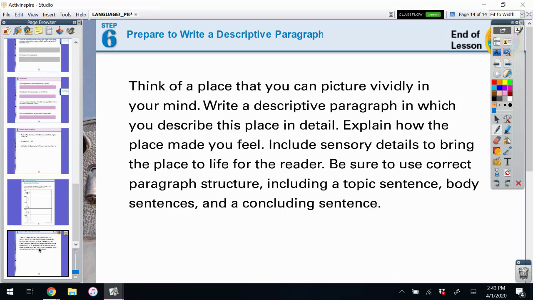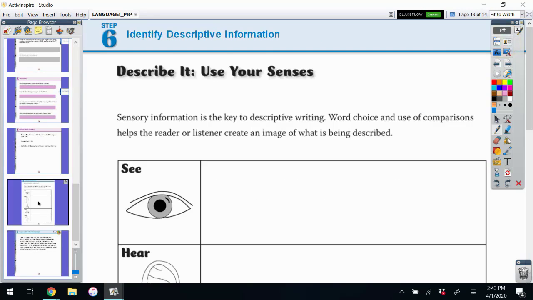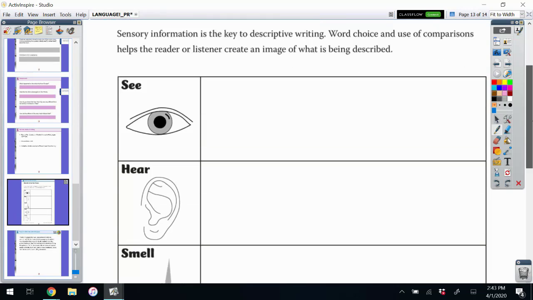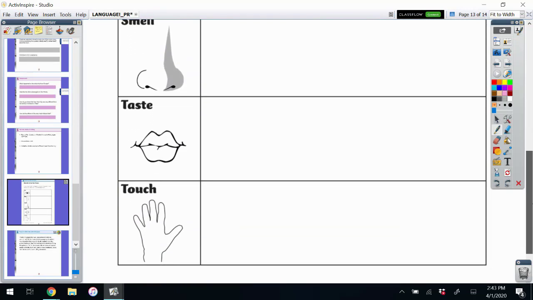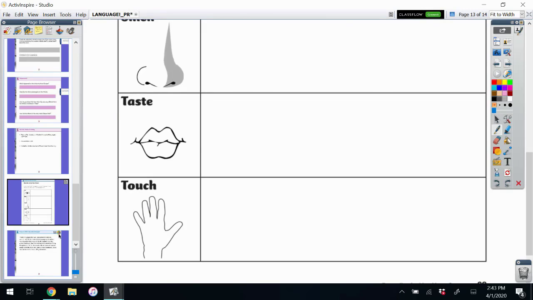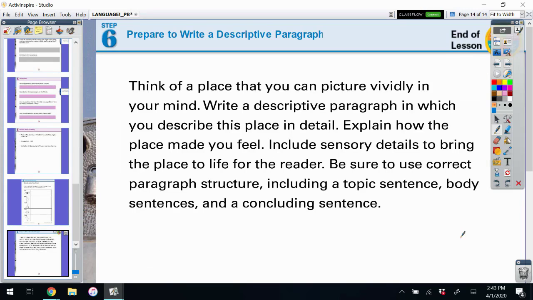In the Ellis Island selection that you just read, you saw so many descriptions. You saw details about what the people on the boat saw, what they heard, what they smelled. You heard details about what they could feel. Now you are going to do the same.